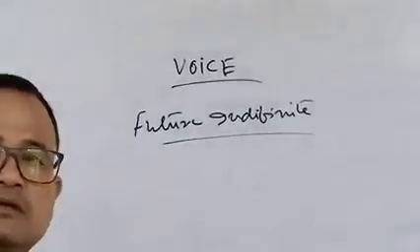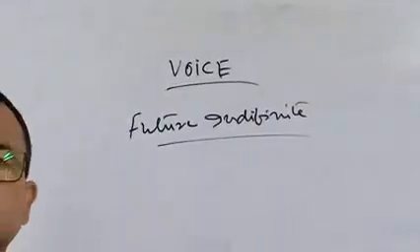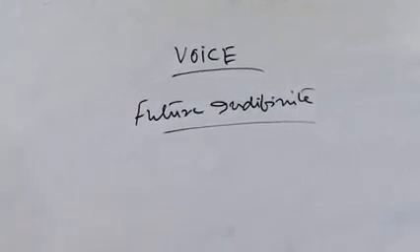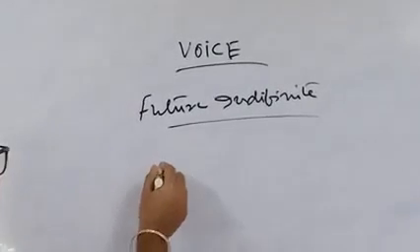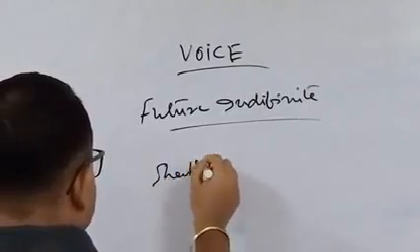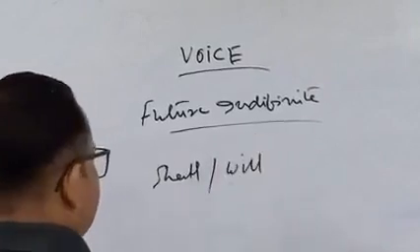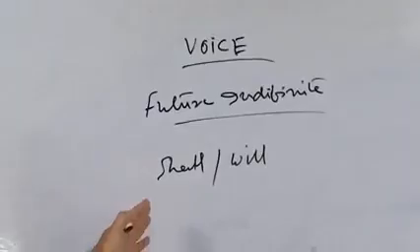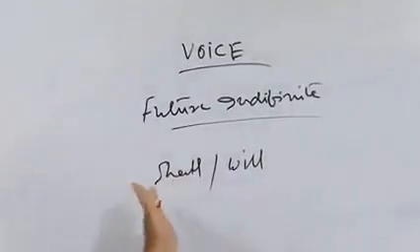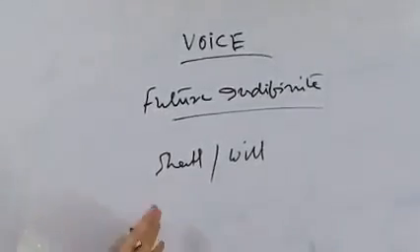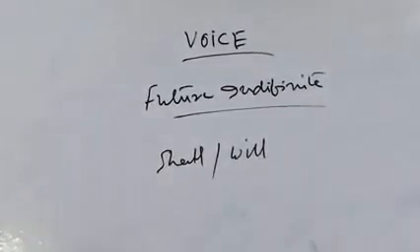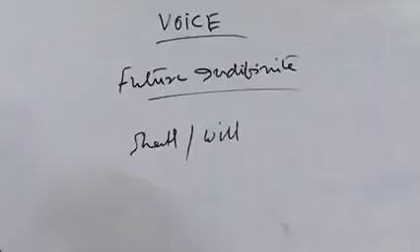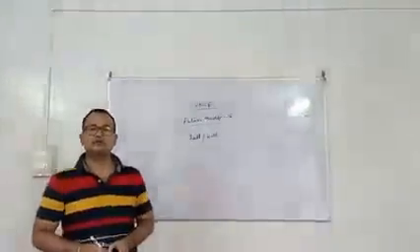So if the sentence in the active voice is future indefinite or simple future, then we will always find shall or will after subject. Okay? Whether it will be shall or will, that will be said by the subject. But you will definitely find shall or will after the subject.